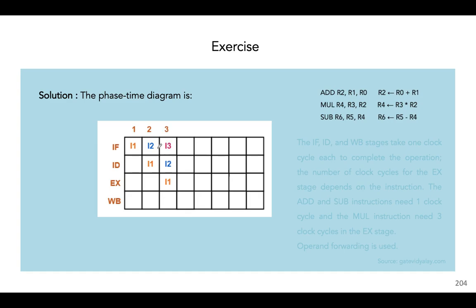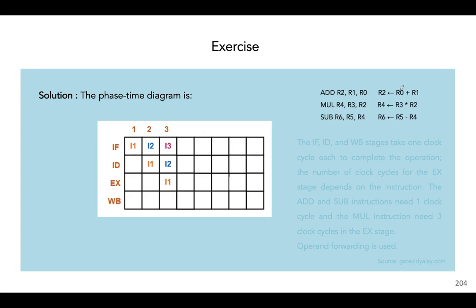When the third clock pulse occurs, the first instruction moves on to the next segment of the pipeline, which is execution. Instruction 2 also moves on to the next phase, from instruction fetch to instruction decode. And since the instruction fetch segment is now empty, it will take in the next instruction, which is I3. Now, you might have noticed something interesting at this point. Take a look at instructions 1 and 2.